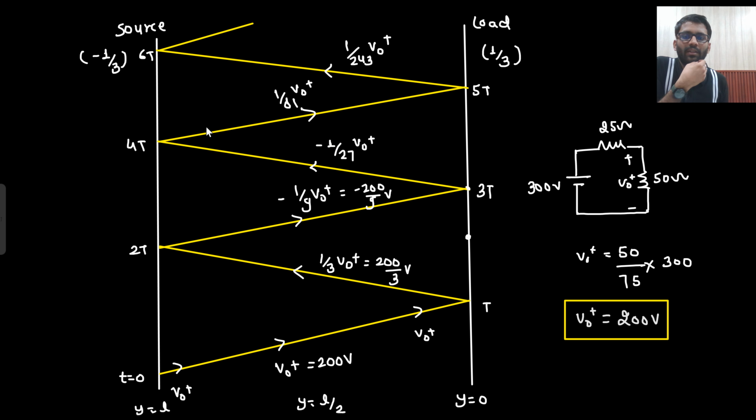Now after 4t what is the scene? At 6t you will have some other amplitude as well. At 2t we have seen, at 4t what we are going to see is minus 1 by 27 and plus 1 by 81.